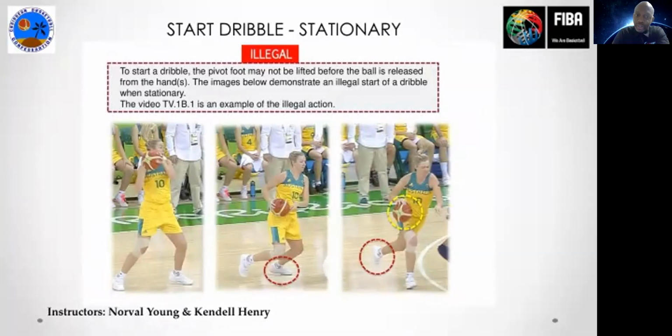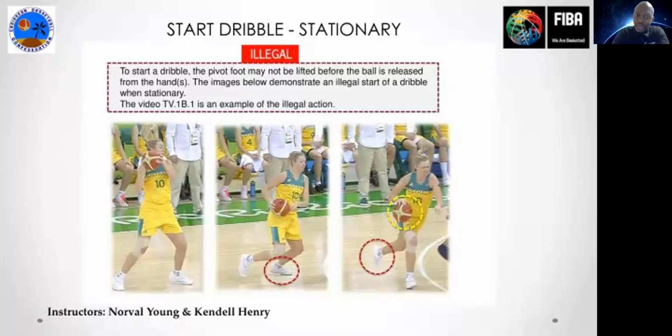So we have an example here, and it's going to be shown. Now, it says to start a dribble stationary, which is what we just mentioned. So here you have yellow 10 receiving the ball with both feet on the floor, which means she's stationary. In the second picture, her right foot leaves the floor, which now makes her left foot the pivot foot.